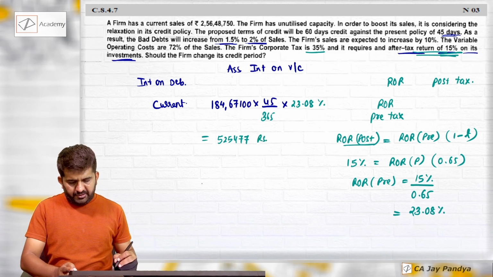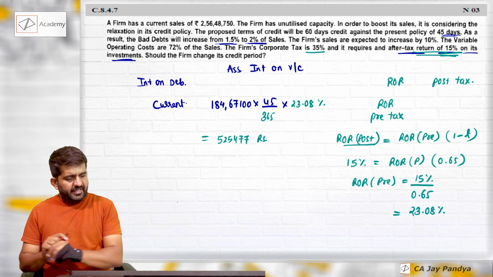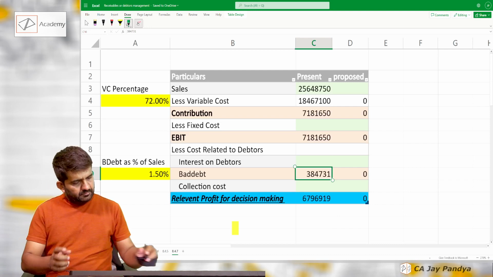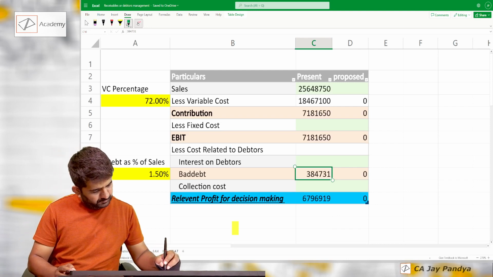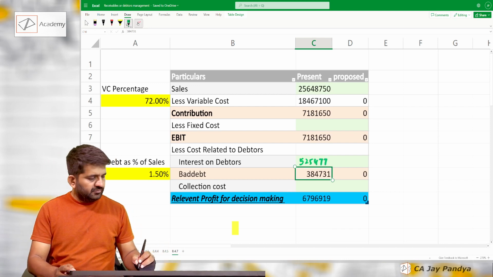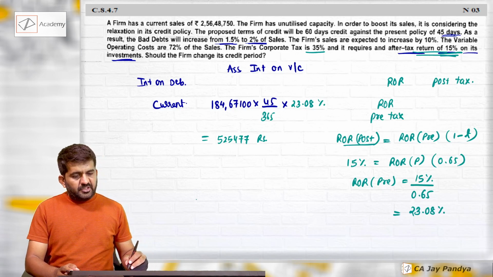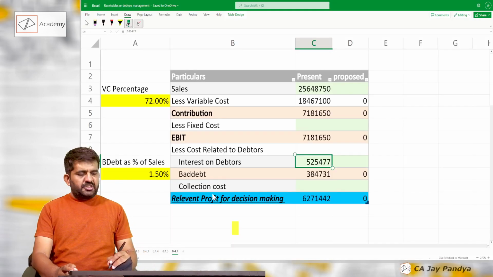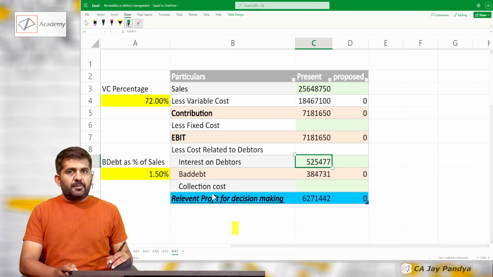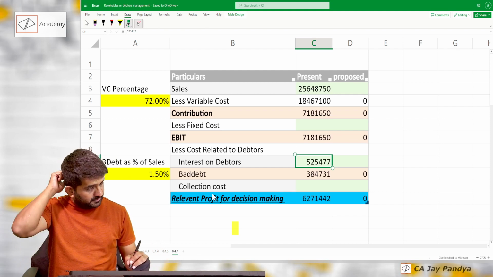Let me put it in our Excel sheet. This is interest on debtors as far as the current situation is concerned. What is my relevant profit? 62,71,442. If in the proposed situation it is higher, I will take that.